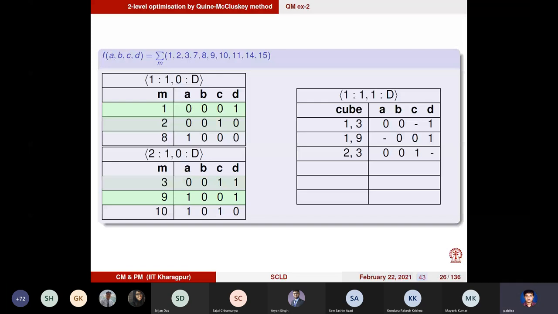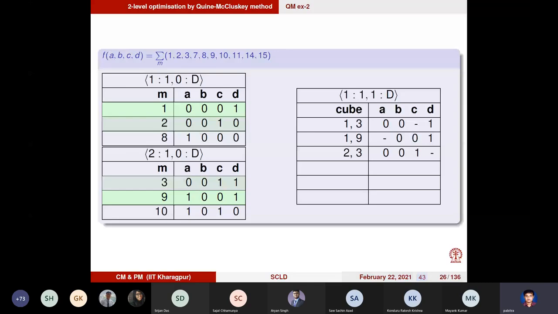What can be combined? 3 can be combined with, please. Let's see. So 3 is combined with 7. Similarly, 3 with 11. 9 is combined with 11. 10 is combined with 11.